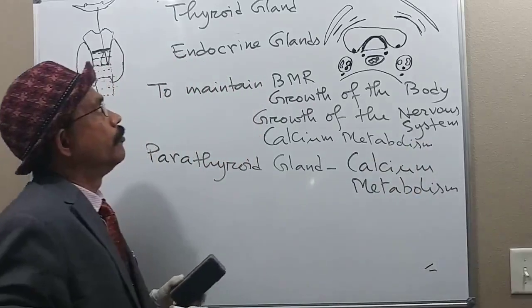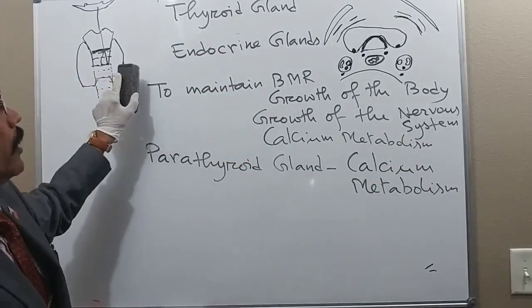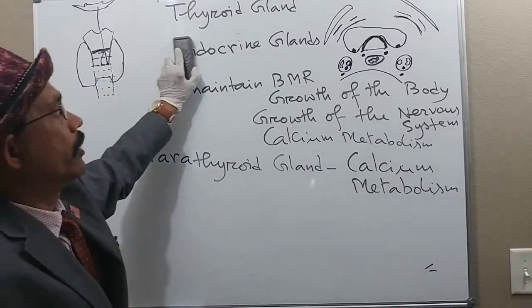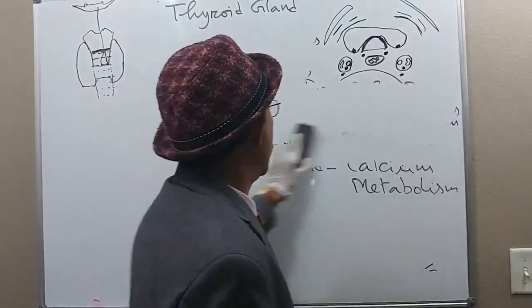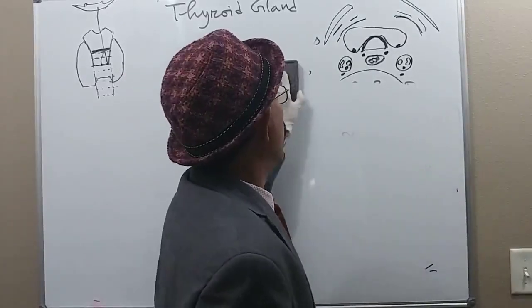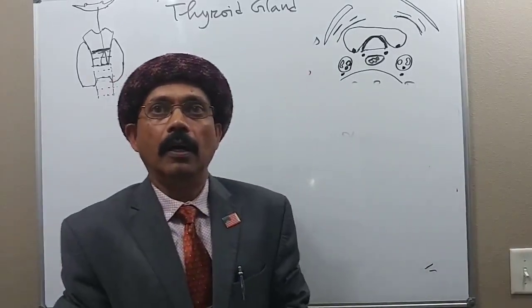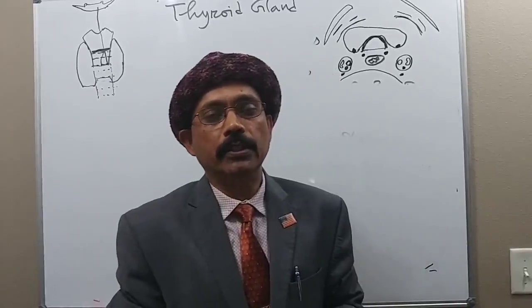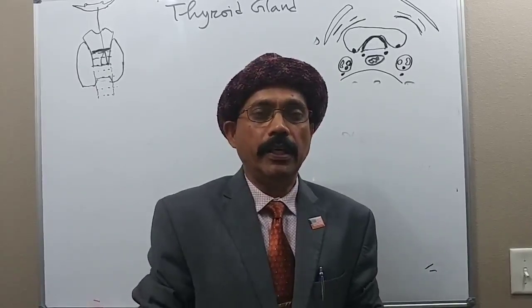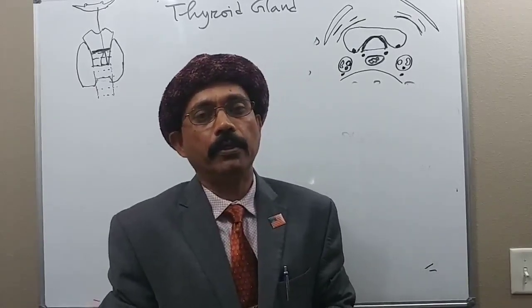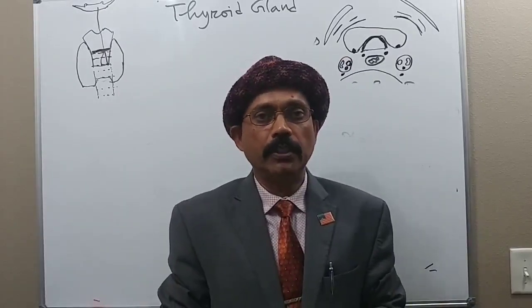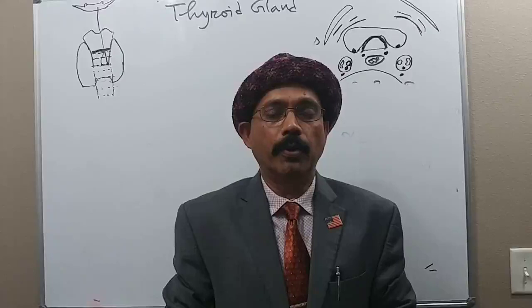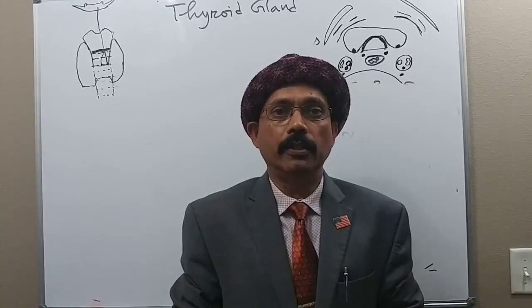Okay, we'll go there. First of all, I will discuss the thyroid gland. The thyroid gland is located in the neck on the anterolateral aspect of the trachea, as well as the lower part of the thyroid cartilage.